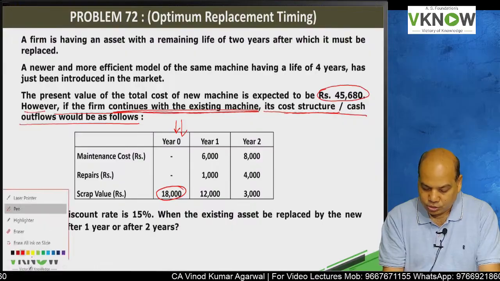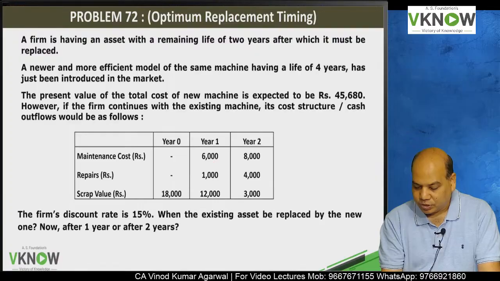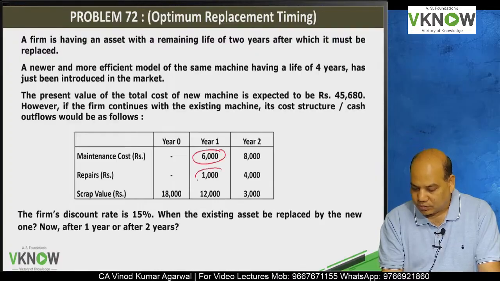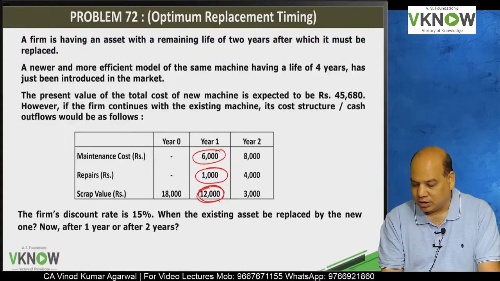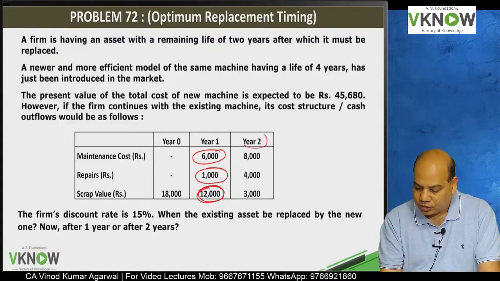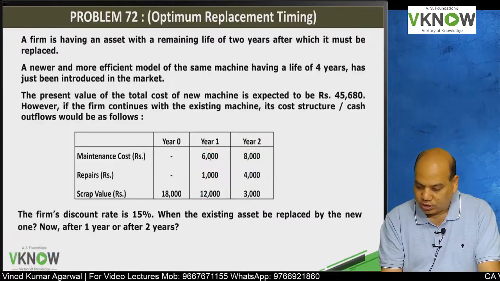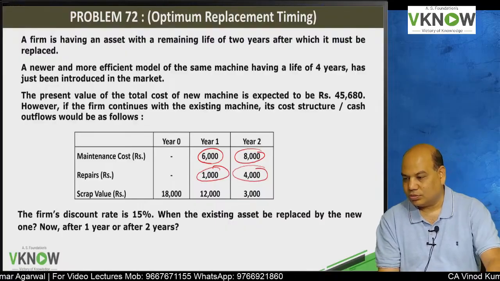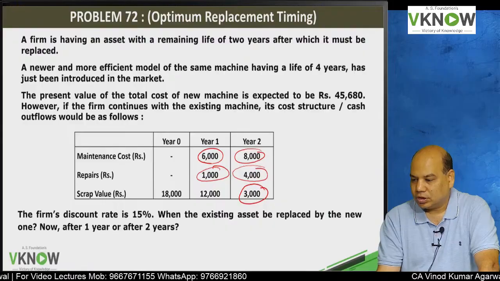But suppose you want to use it for 1 year and then purchase the new asset, then you will incur 6,000 rupees maintenance, 1,000 rupees repair in year 1, and then you can scrap it for 12,000 at year 1. If you replace it in year 2, then you will incur repairs and maintenance for years 1 and 2, and you will get the scrap value in year 2.